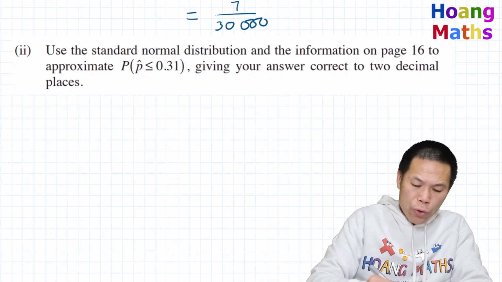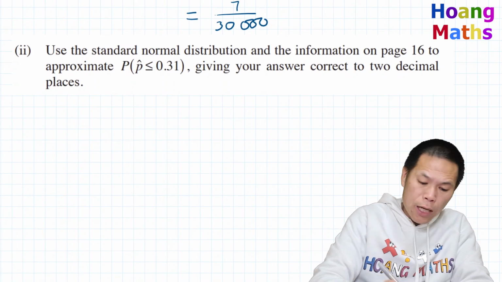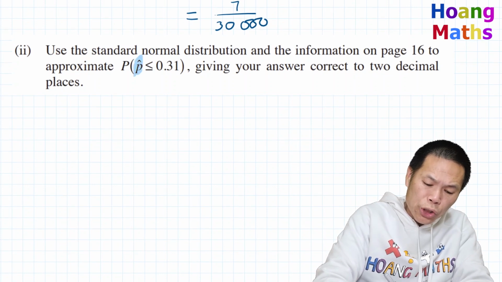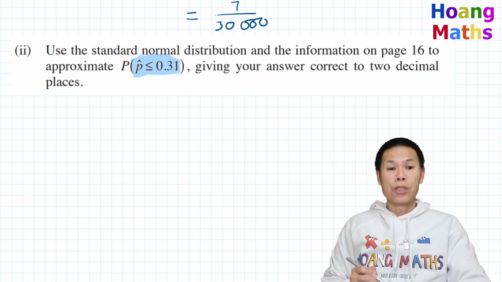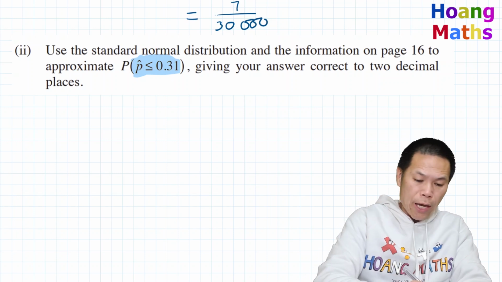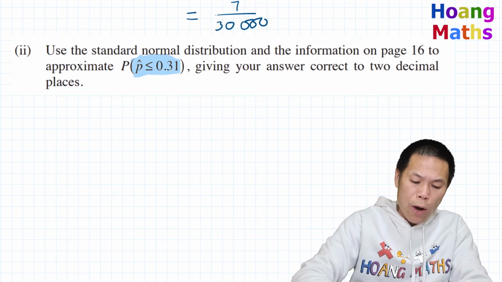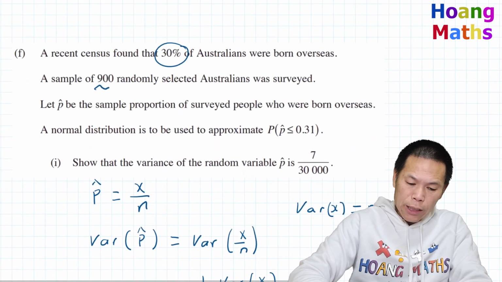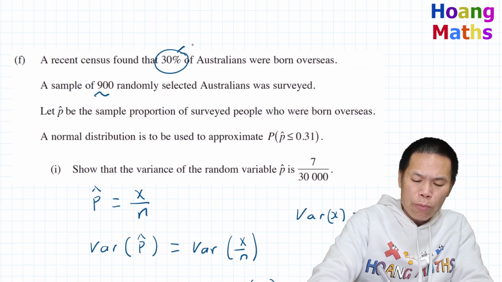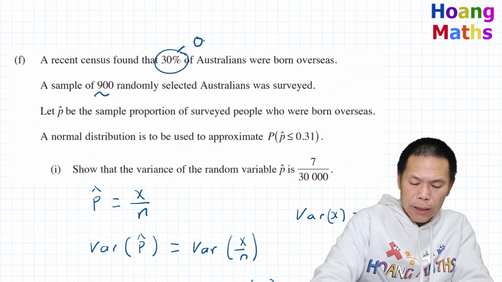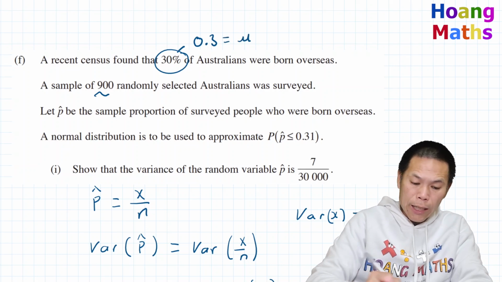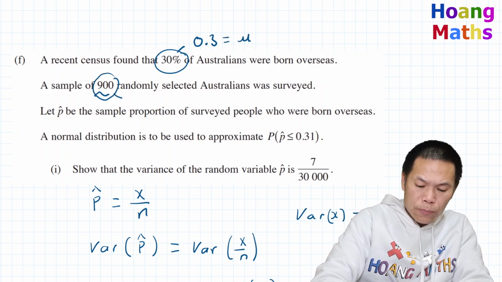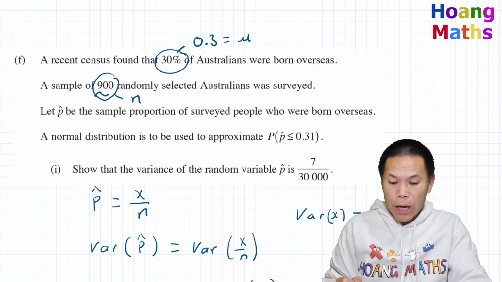Part 2. We need to find the probability of sample proportion less than 0.31. And don't forget 0.31 is the sample proportion. This means we already know 0.3 is the mean, and 900 is n. So keep that in mind.